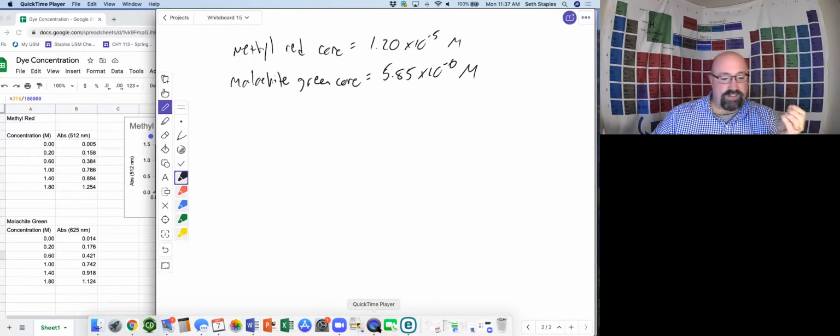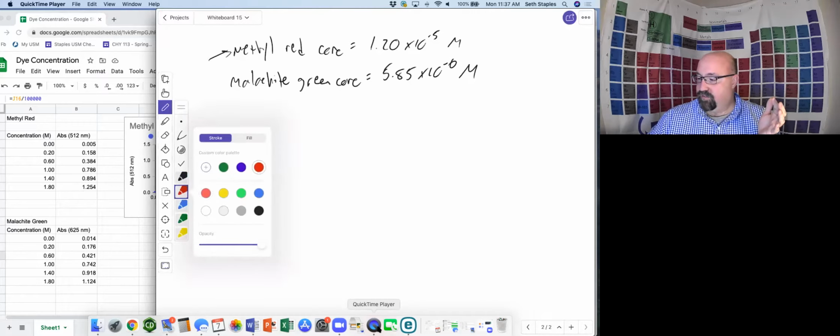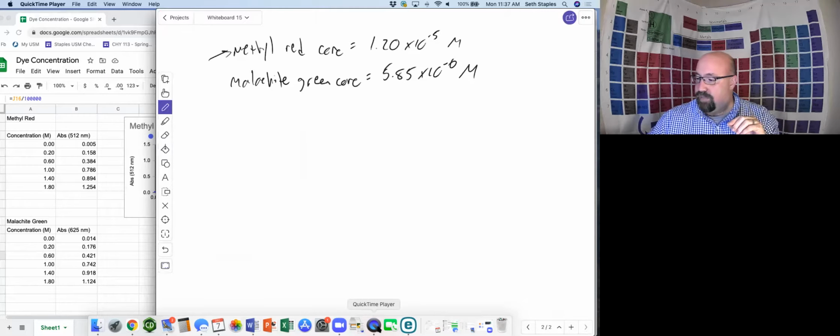And so let's start with the amount of actual dye that the fish is pulling in every day, or sorry, the amount of water. So we're going to start with methyl red. We'll even switch over to a red color just to get fancy. So we're going to start with our methyl red, and we know that we're taking in 100 liters of water. Now we have to remember what the units of molarity are.